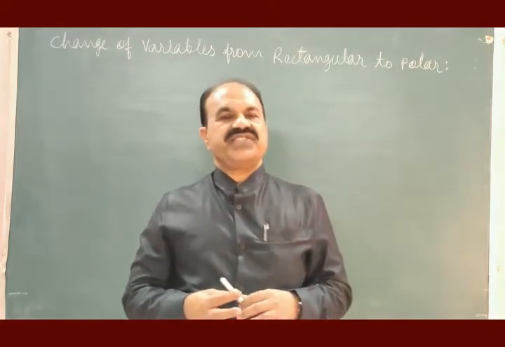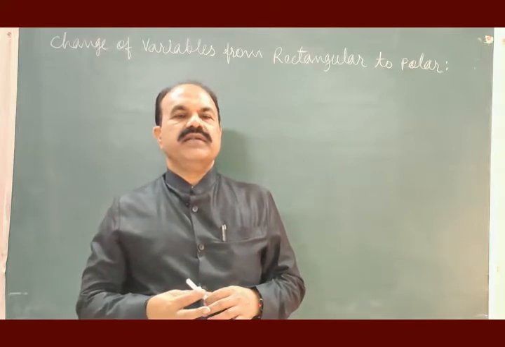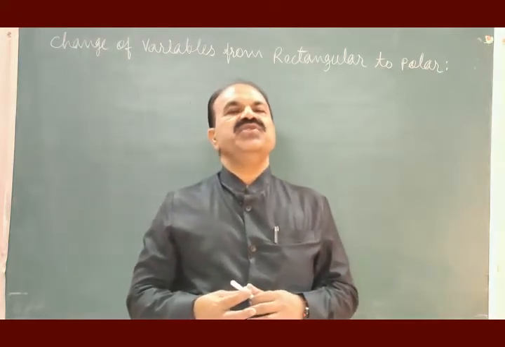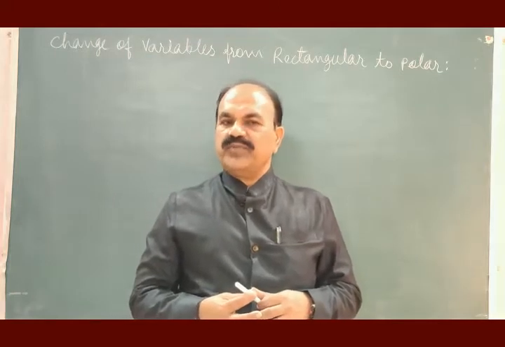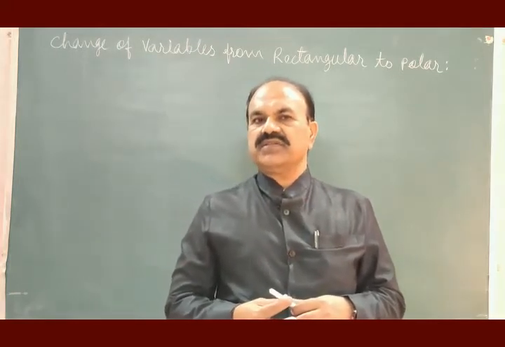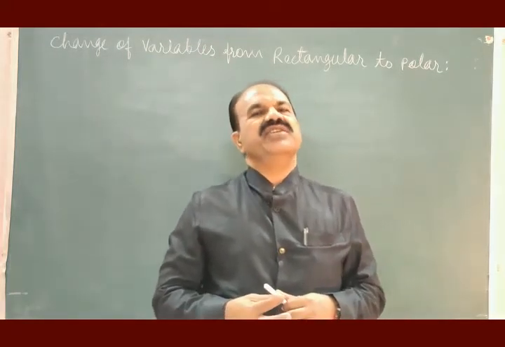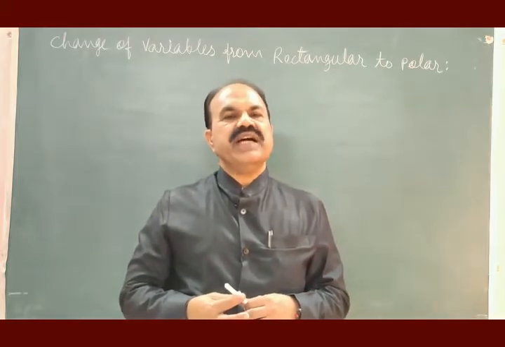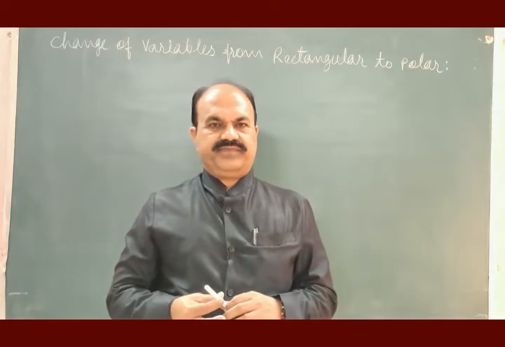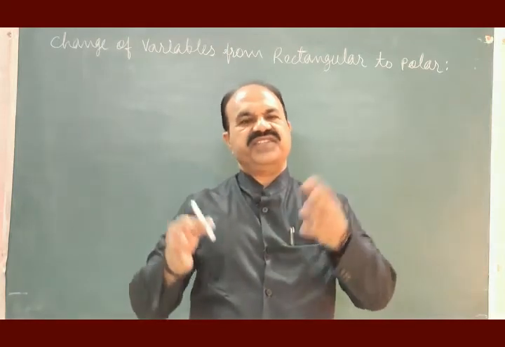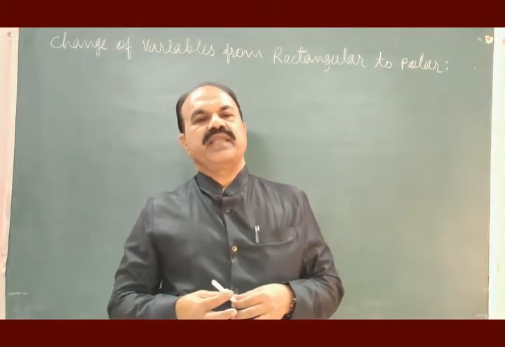These two axes, x and y, are perpendicular to each other. The point of their perpendicular intersection is termed as origin. This is the Cartesian coordinate system.